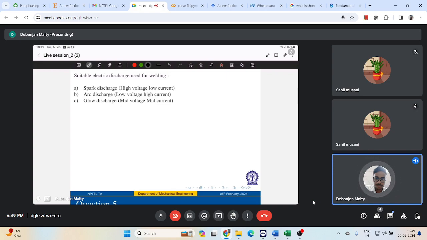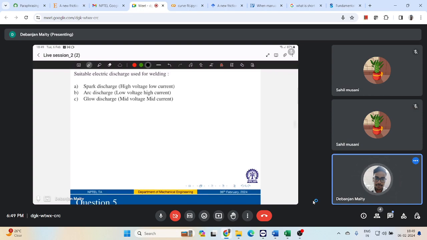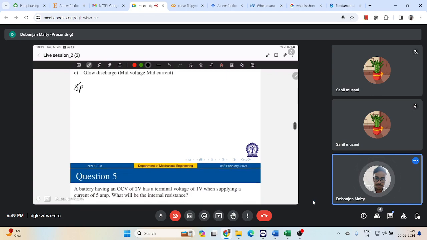So in terms of electrical discharges, we know that there are three different categories. You have the spark discharge, which is of high voltage and low current.